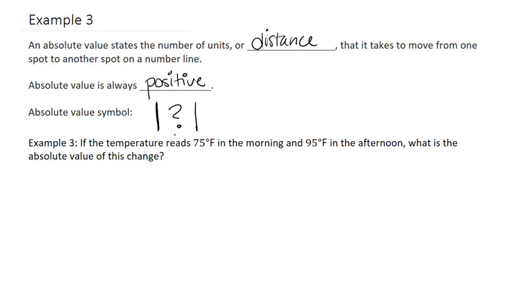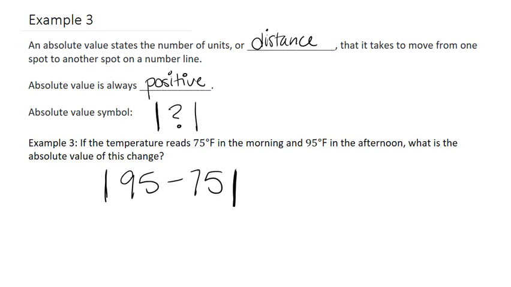So let's look at example 3 now. If the temperature reads 75 degrees in the morning and in the afternoon it's 95, what is the absolute value of this change? So let's go ahead and do the absolute value. And so we can go 95 minus 75.